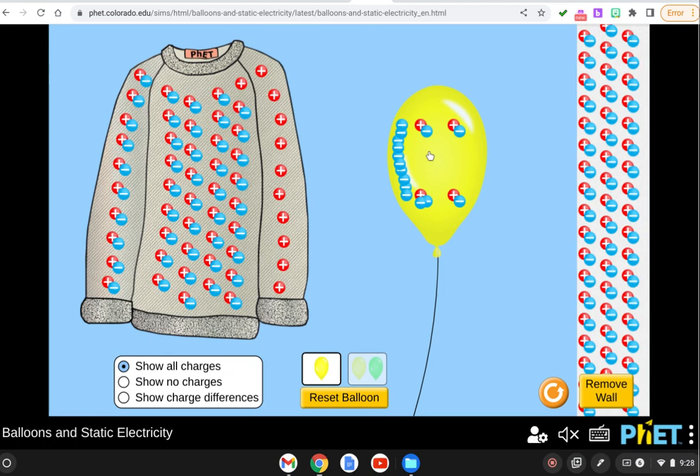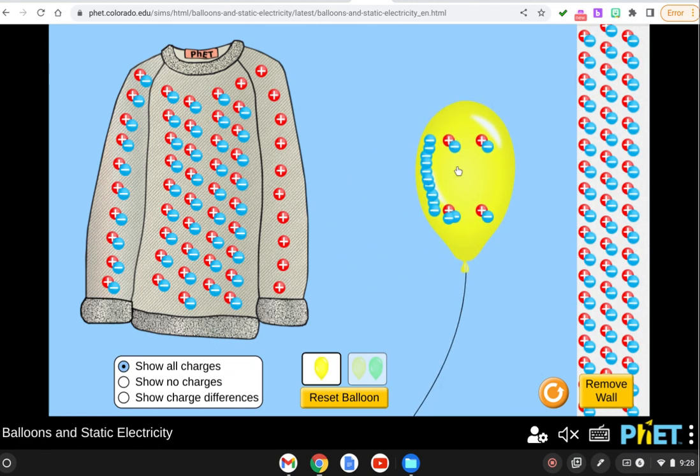The wool has positive charge or negative charge? This wool has positive charge or negative charge? Sweater. Positive. How you know it's positive charge?